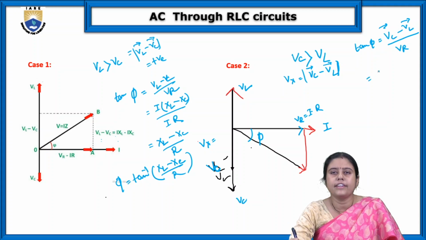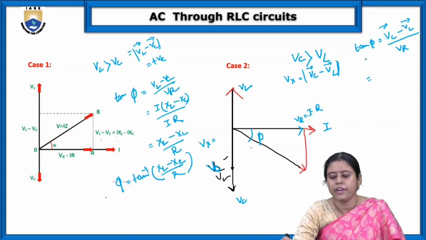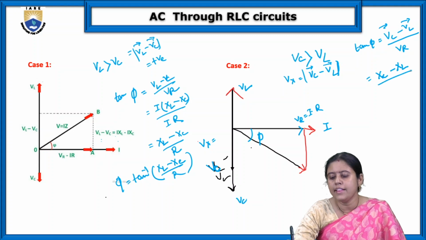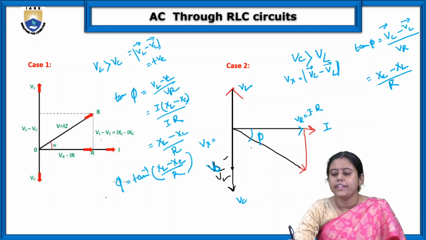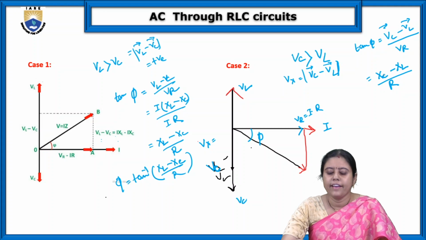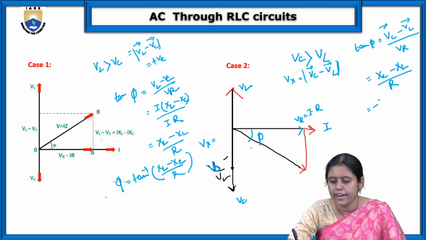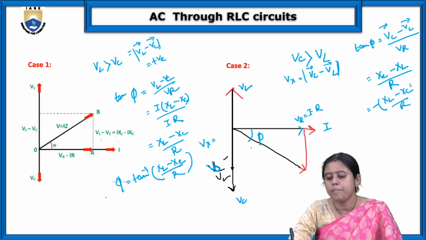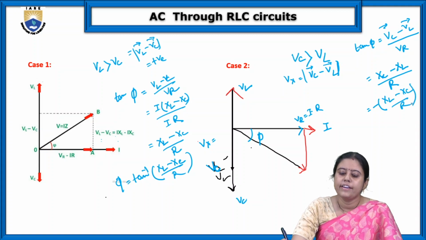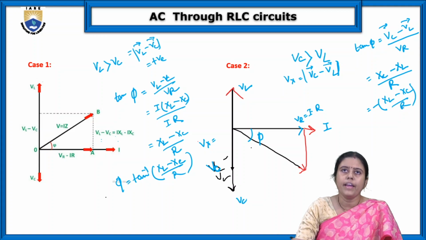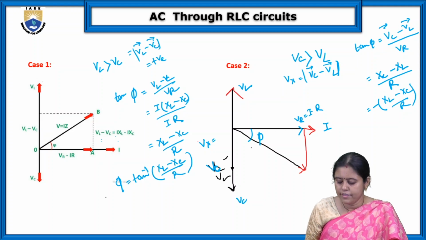If we take I into XL and I into XC, it becomes (XC minus XL) by R. Generally we calculate angles anti-clockwise, so we can take minus of (XL minus XC) by R. So phi is equal to tan inverse of minus (XL minus XC) by R. So these are the two phase angles.